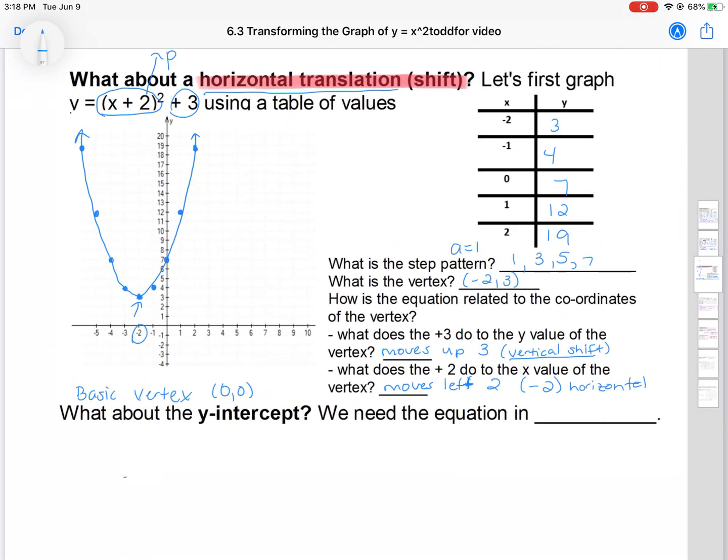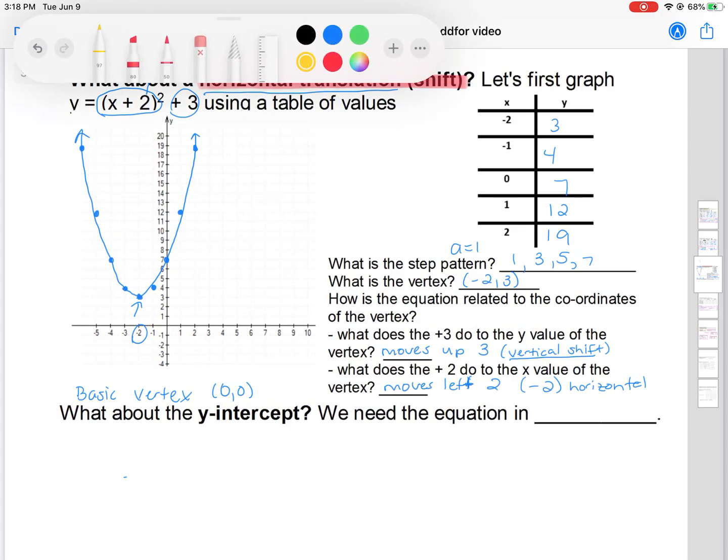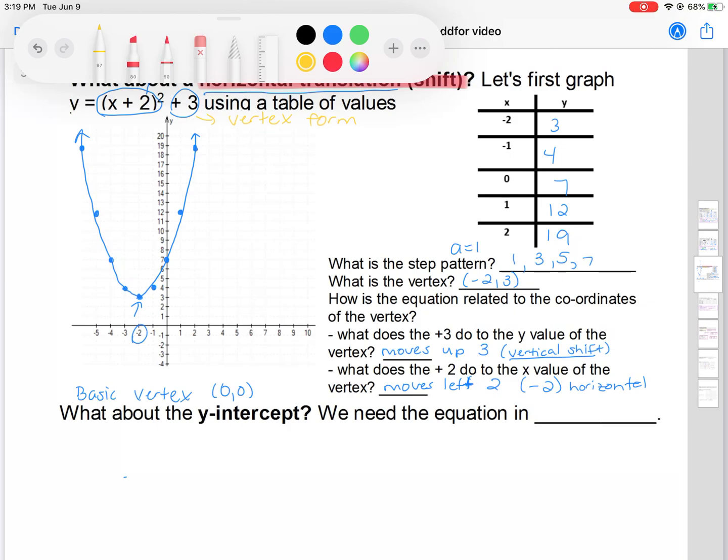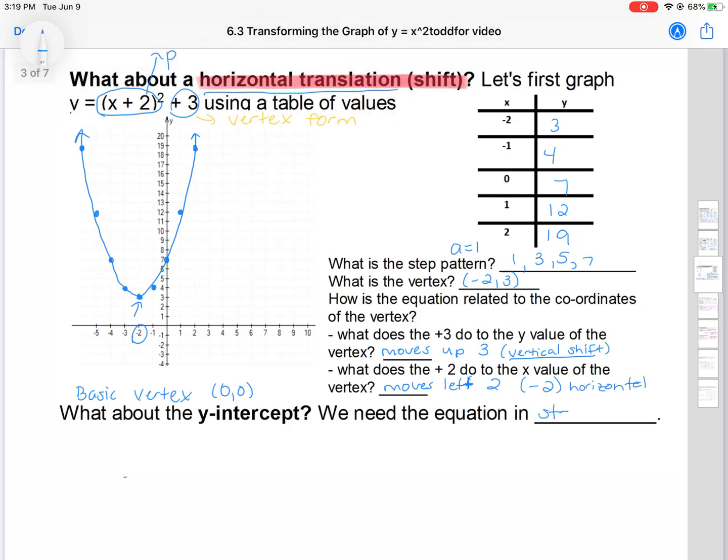I just want to revisit the y-intercept. When you have the equation in this form, which is called vertex form, it is not standard form. We need the equation in standard form, which is ax squared plus bx plus c, in order to find the y-intercept.